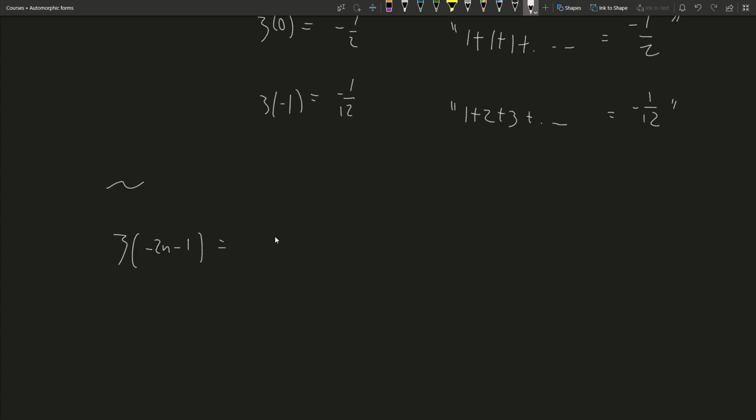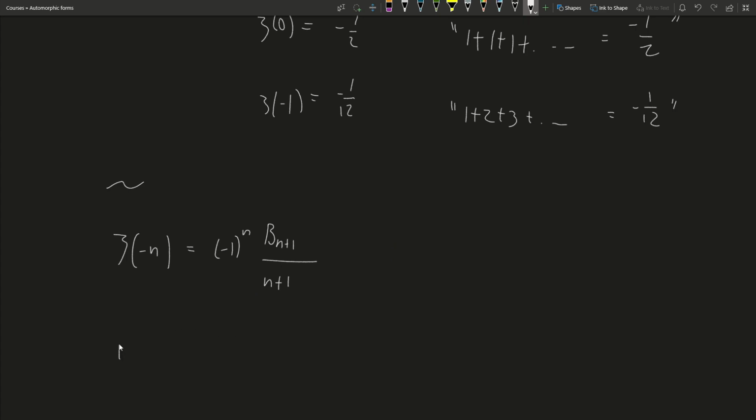Let me write it this way: the zeta function at minus n is equal to minus 1 to the n times the (n plus 1)th Bernoulli number, which I will define in a second, divided by n plus 1.